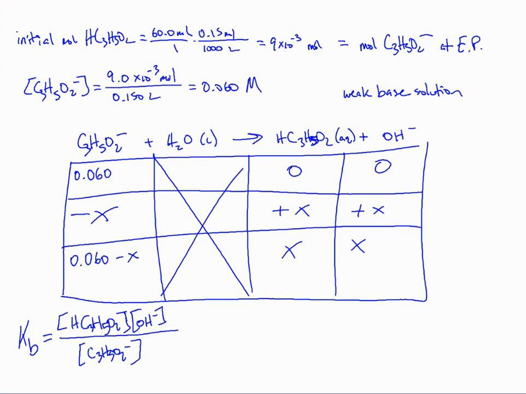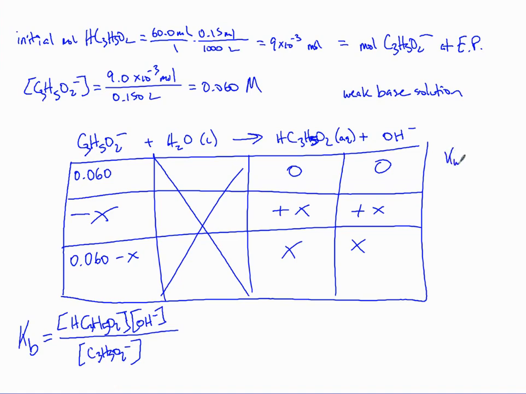This is your equilibrium expression for this reaction where propanoate is acting as a weak base. We have x's for all of these, so it would be x, x, and then just 0.06. But we don't have Kb.